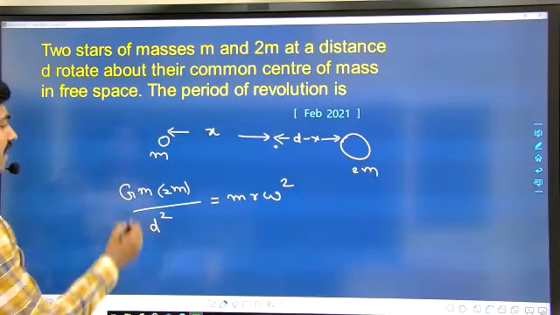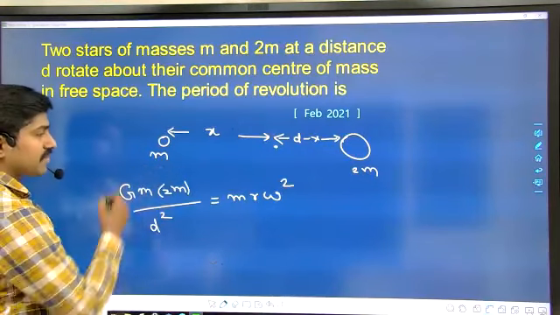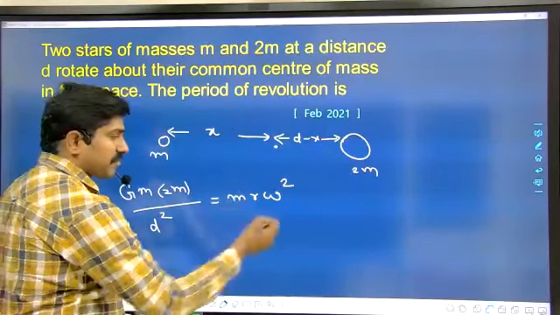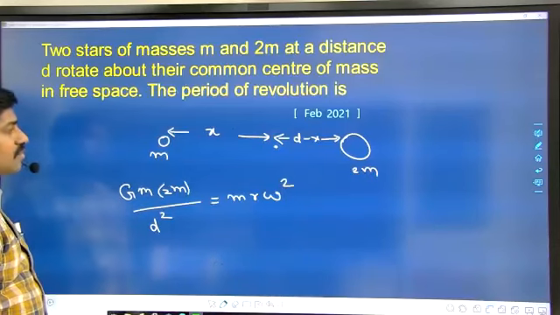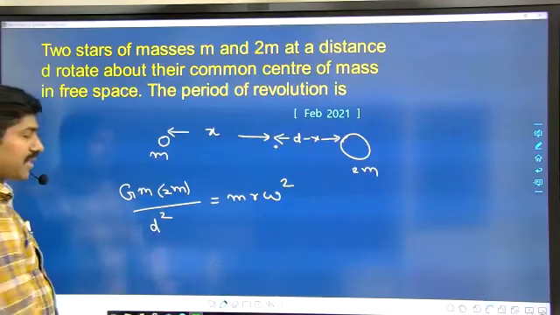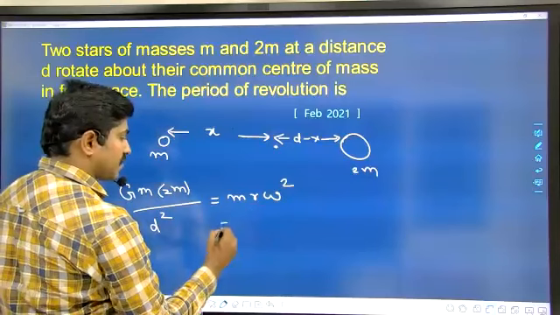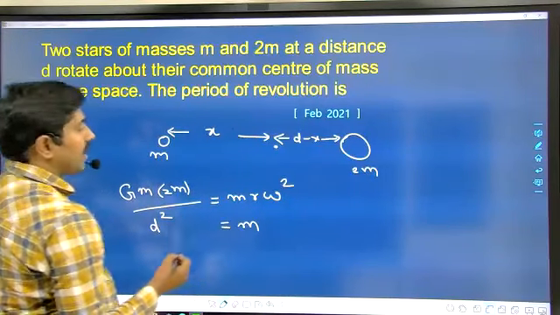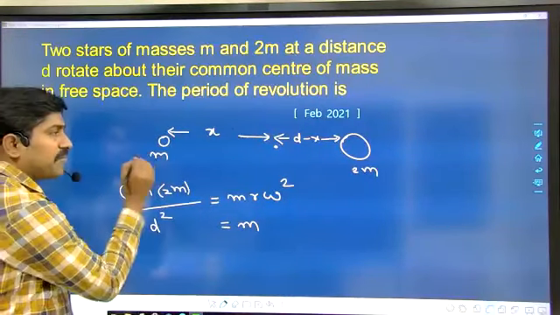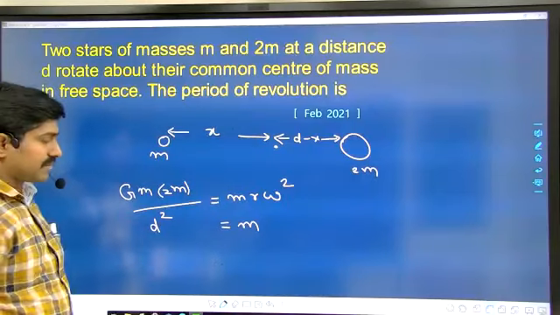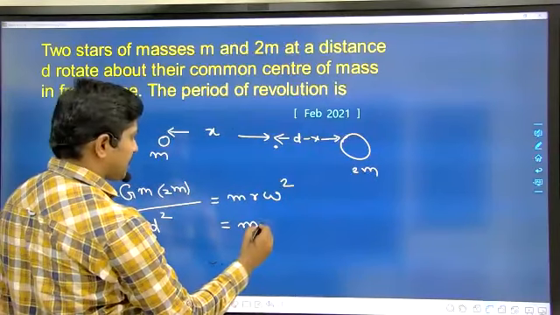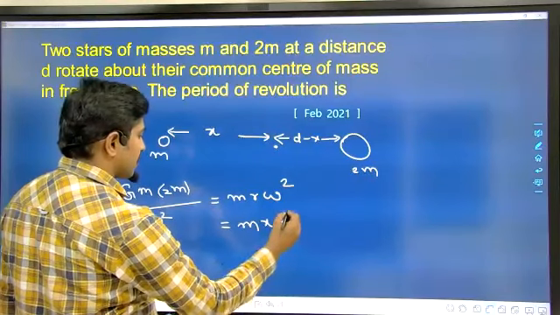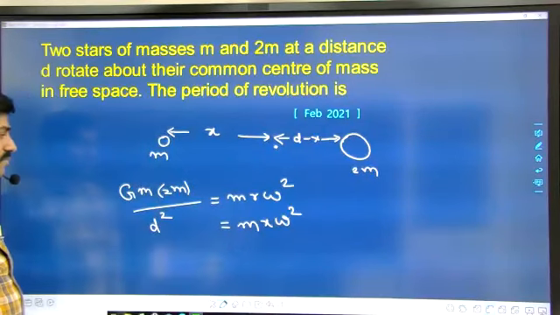If the force acting on mass m is this much, the centripetal force of that mass m will be m r omega square. Here r is the distance of mass m from the center, that is the center of mass. That means m x omega square.